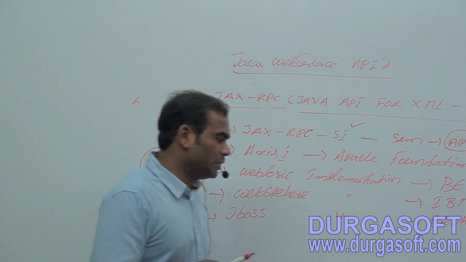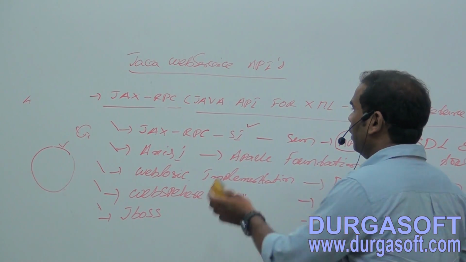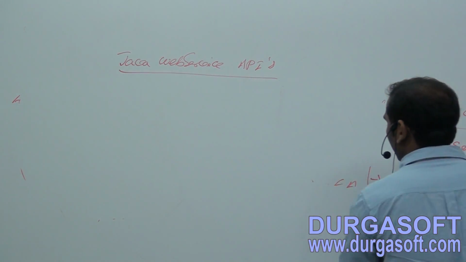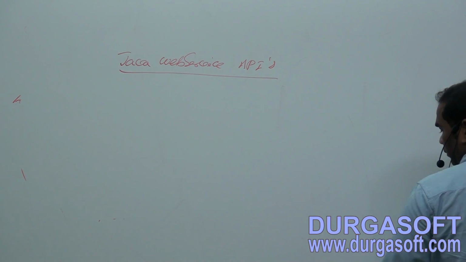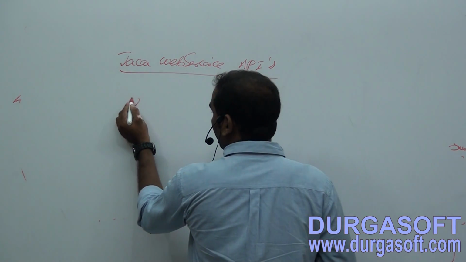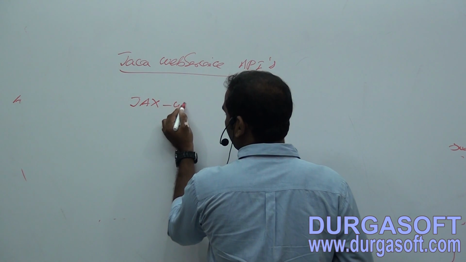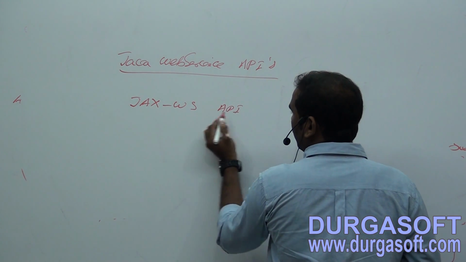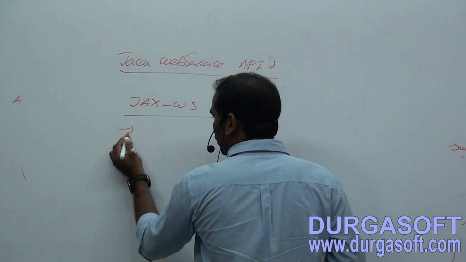The next Java web service API is called JAX-WS. For JAX-WS, we have a lot of implementations.